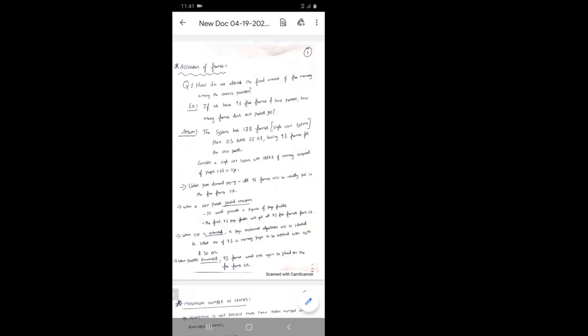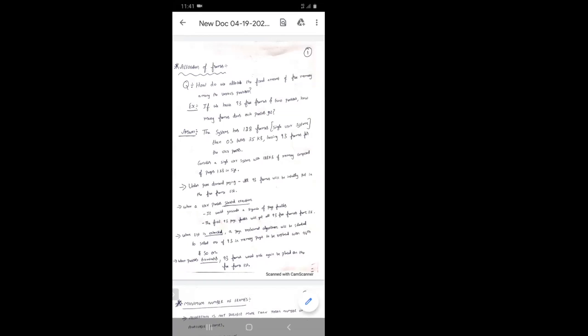So for error handling, we should keep one frame. Since one page is 1 KB, for one error we will keep one frame. That is the first step.